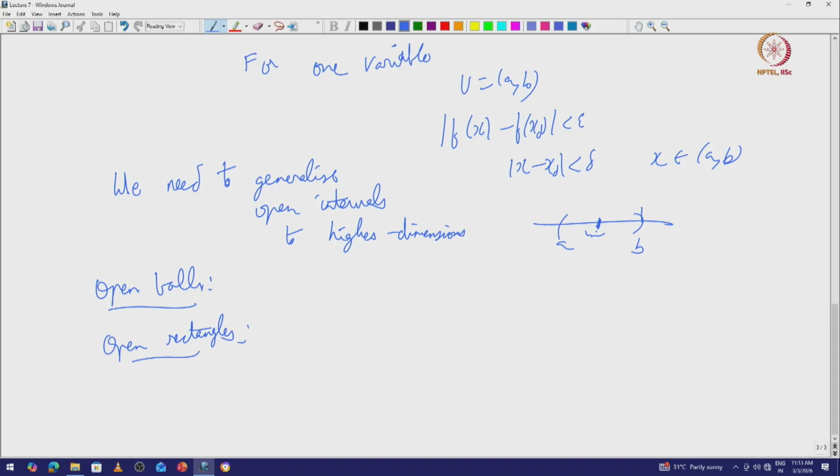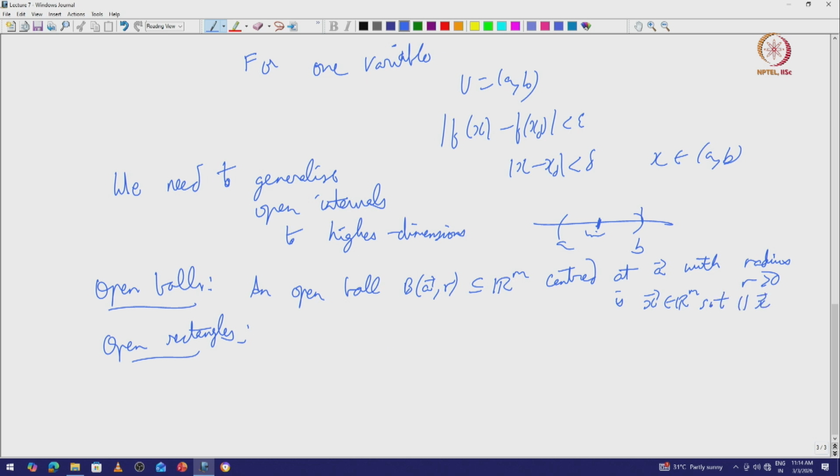An open ball B(A, r) in R^n, centered at A with radius r positive, is basically the set of all x in R^n such that x is at most a distance of r from A. Okay, that's an open ball.